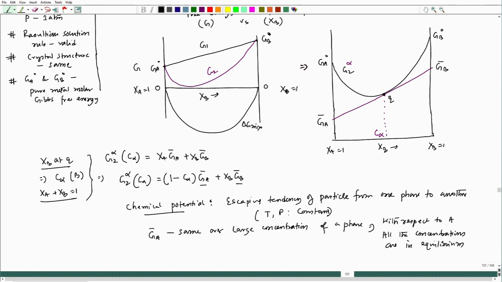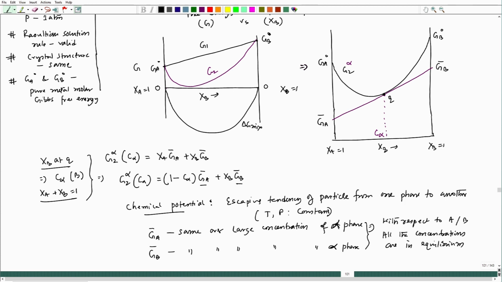Similar applies to B. GB bar is the same over a large range of concentrations of a particular phase, let us say here the alpha phase, and here also this is the alpha phase. So for all concentrations of the alpha phase, the system will be in equilibrium with respect to B also.